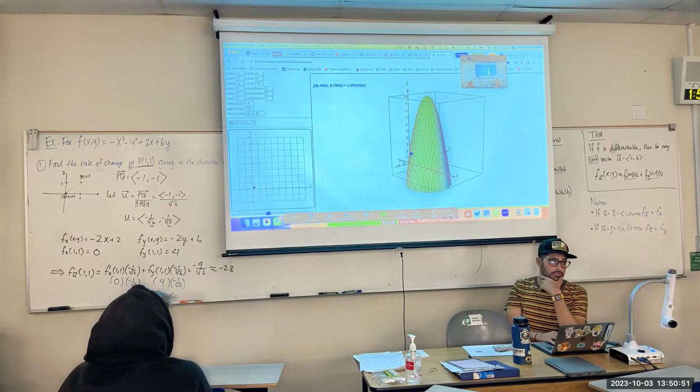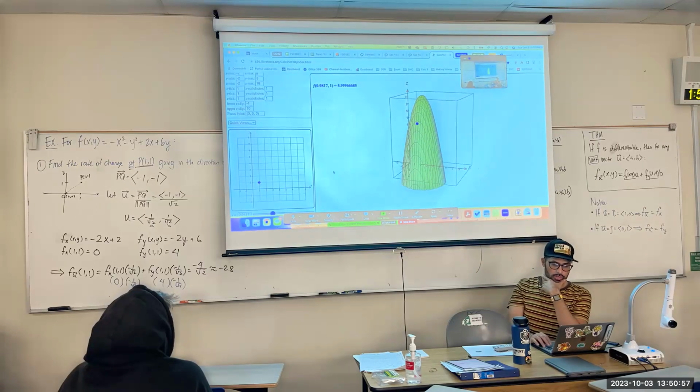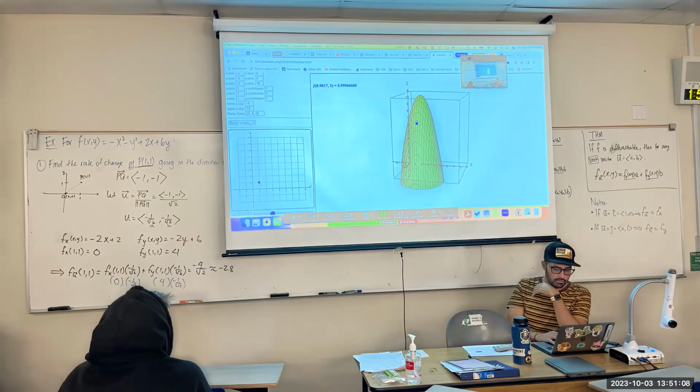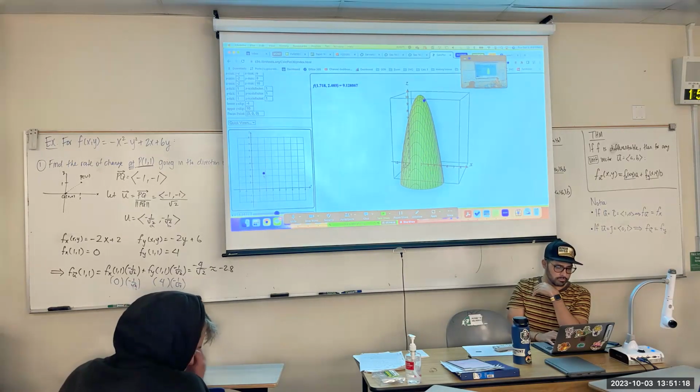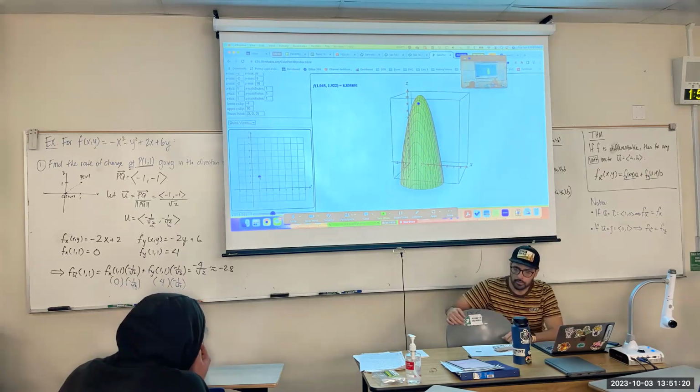It's going downhill. Here's P, and if I go towards Q, towards the origin, it's going to force the points to go down. So yes, you are going down. But if you're here at 1, 1, and you go towards R, what were the coordinates of R again? 2, 3. So that's going to be towards this direction. Notice that it definitely is going up as you walk in that direction. Okay? Sweet.